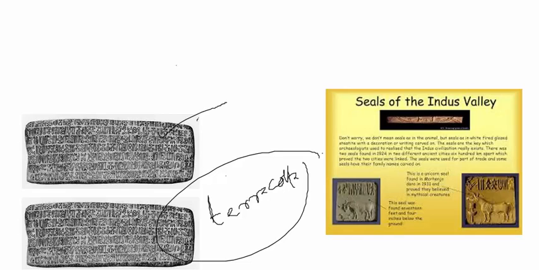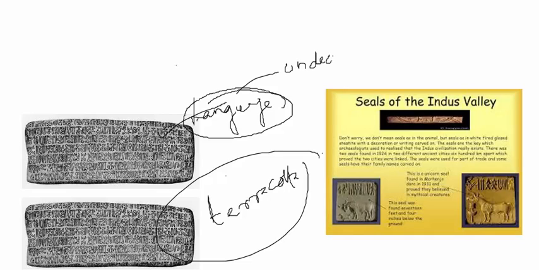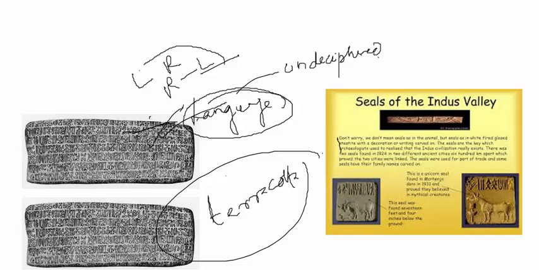And here you can see the language. Till today, this language has not been deciphered. It is undeciphered, and this sort of writing goes from left to right. If you look at this area, it is written from left to right and right to left, so it was very difficult to decipher.